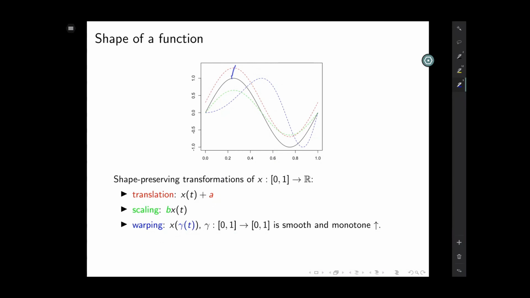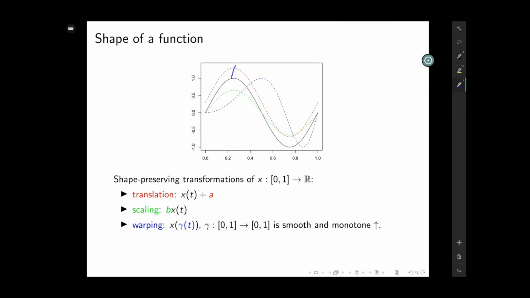In fact, the S shape doesn't change even when I do a fairly more complicated transformation of it. That is, I do some transformation to the x-axis, a monotone and smooth transformation, which preserves the ordering. All it means is I'm either dilating or contracting the x-axis in some way so that I'm making things go faster or slower.